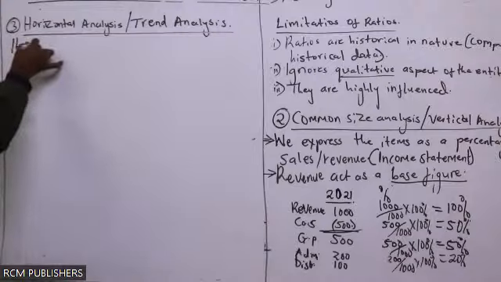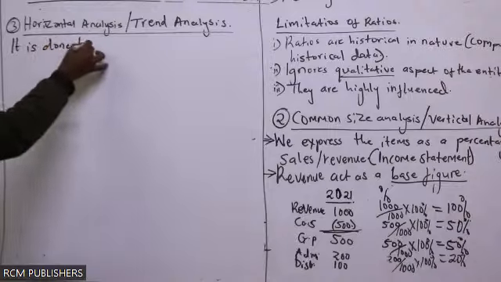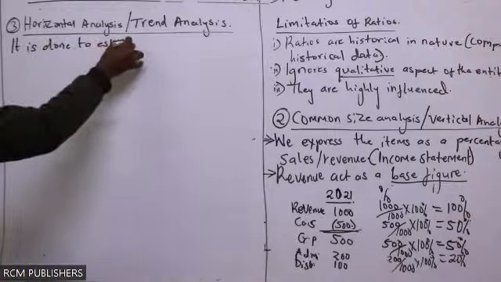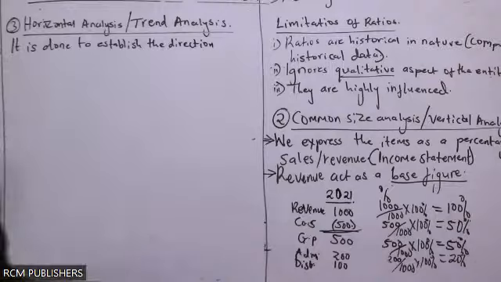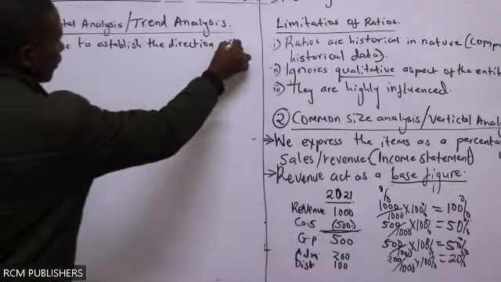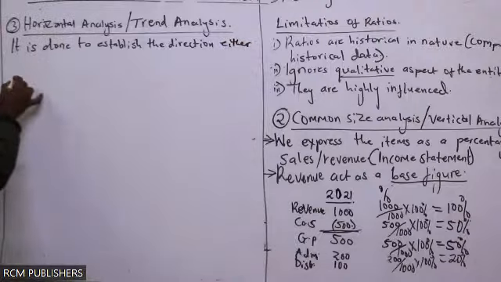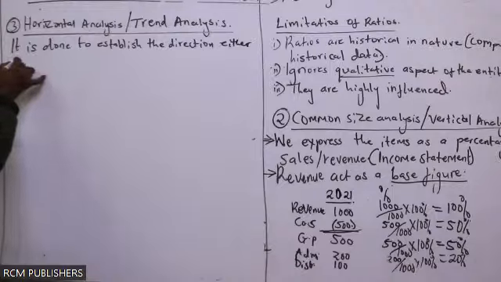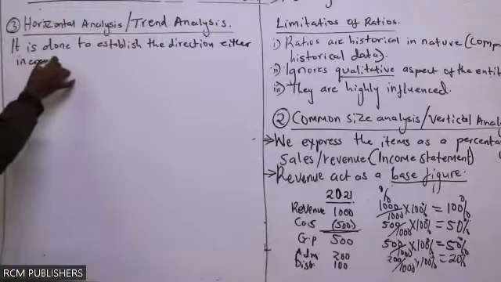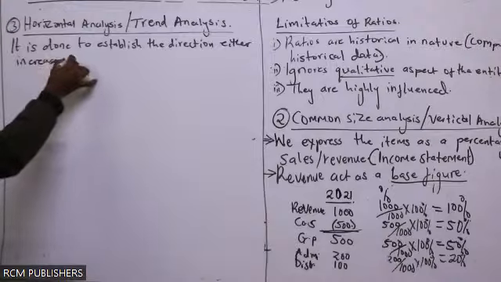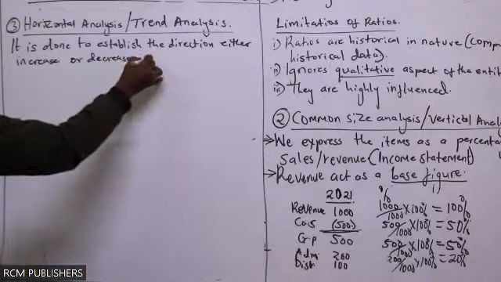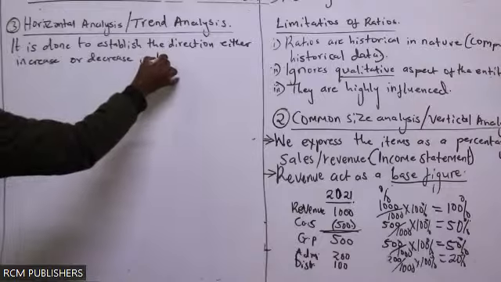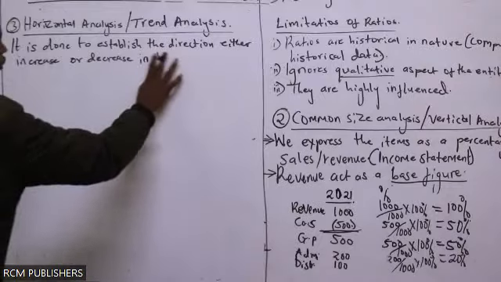It is done to establish the direction, either an increase or a decrease in incomes and financial statement items.